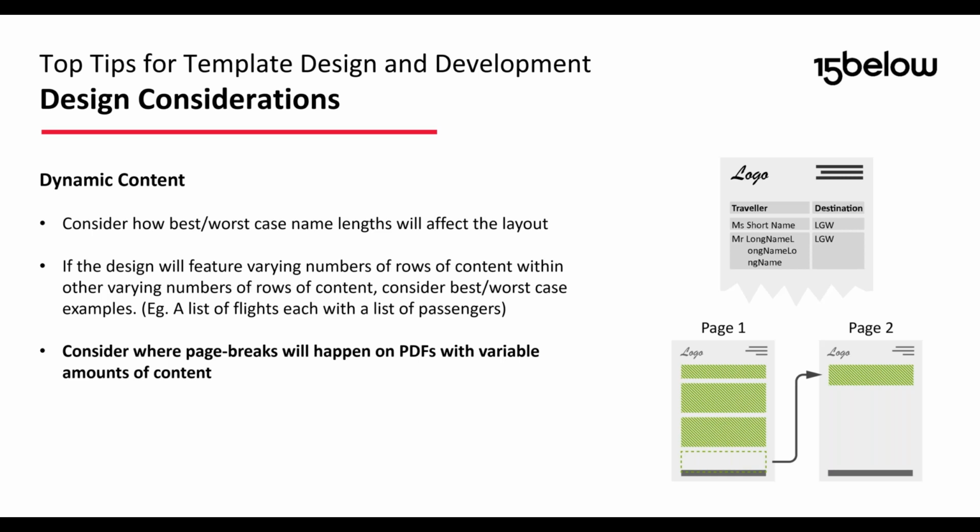Always consider how the layout will flow when somebody with a very long name gets inserted into your table. The design may feature an unknown number of rows of content, which each contain an unknown number of rows of content. An example of this would be a list of flights, each containing a list of passengers. Make sure you look at some worst case examples when planning your layout, just to make sure it doesn't overflow your template.